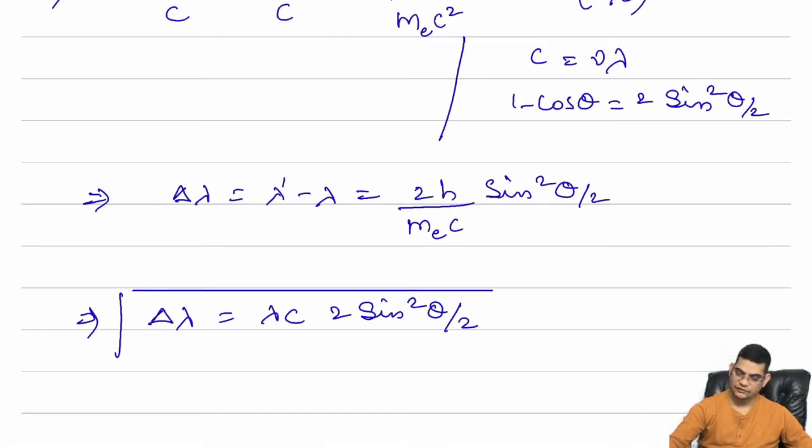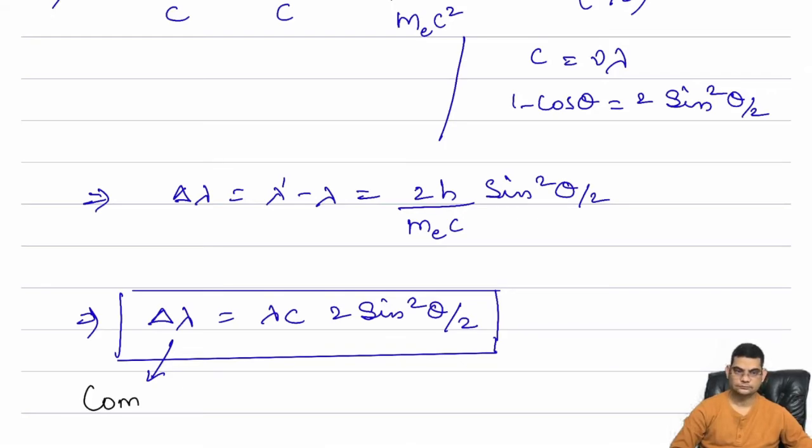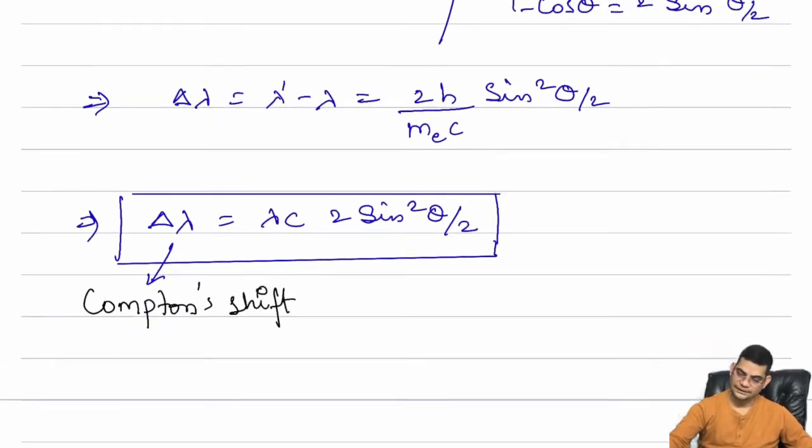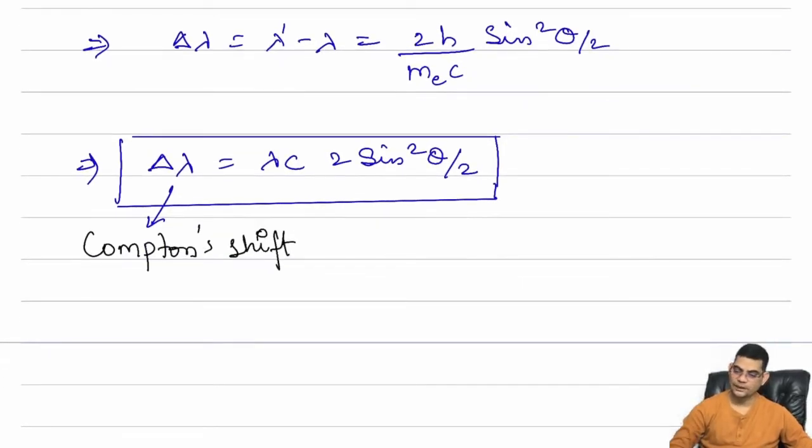This change in wavelength is called wavelength shift or Compton shift. And this lambda c is known as Compton wavelength.